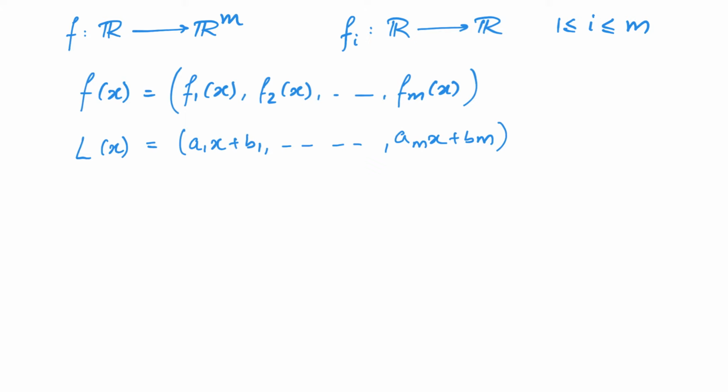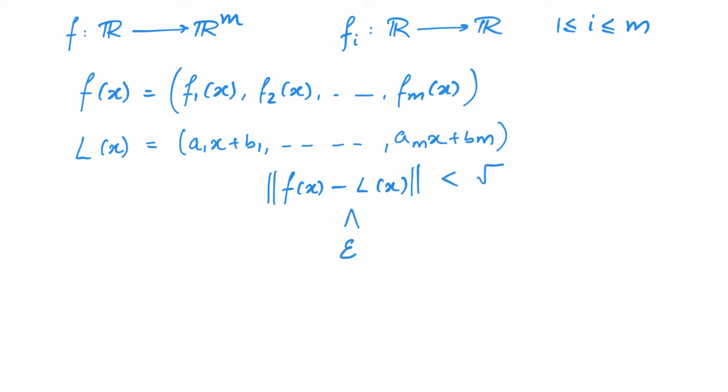And L will be a good approximation of f if L of x is close enough to f of x for all x. In other words, the norm of f of x minus L of x is small, so it is less than epsilon, say.